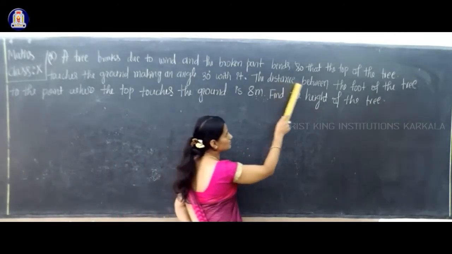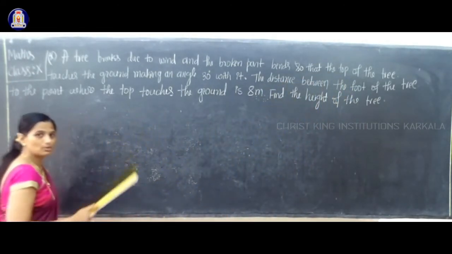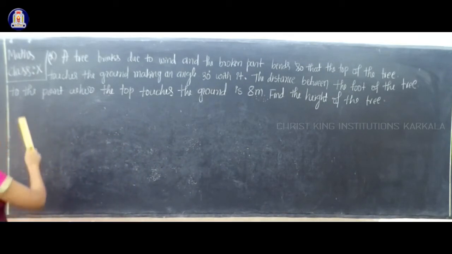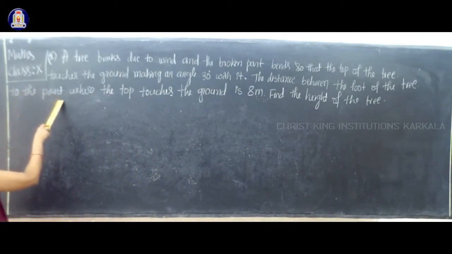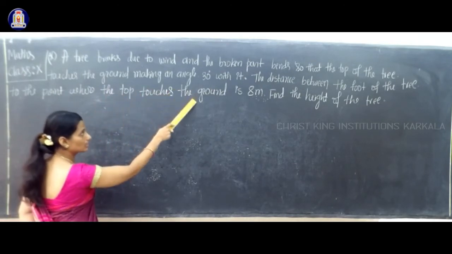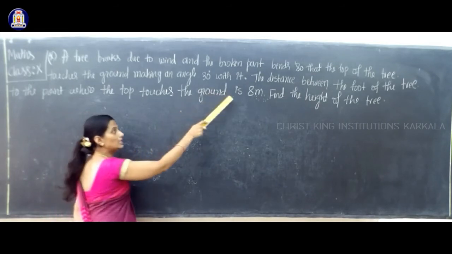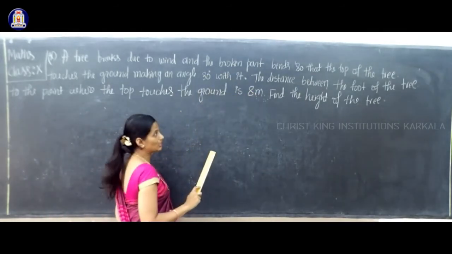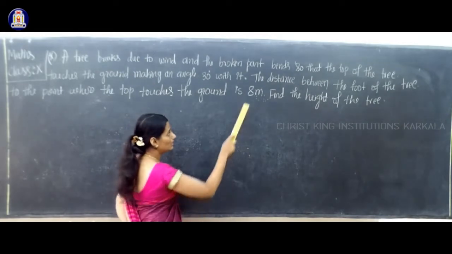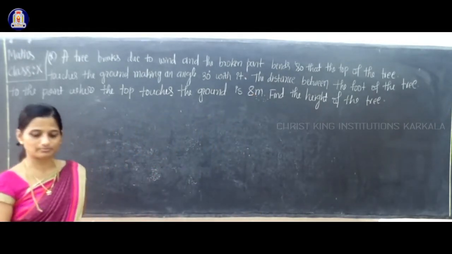The distance between the foot of the tree and the point where the top touches the ground is 8 meter, not 80, 8 meter. Find the height of the tree.